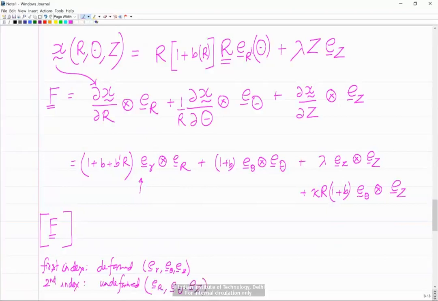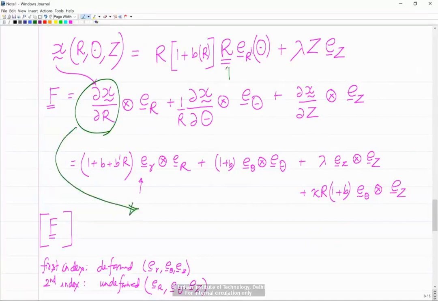Sir, when we wrote del x by del r, so E small r, we did not write it as capital R, E capital R. I mean, 1 plus b dash r. Yeah, right. So when you work this out, you just have to take the derivative with respect to big R, no? So let me just work it out and show you what you get.